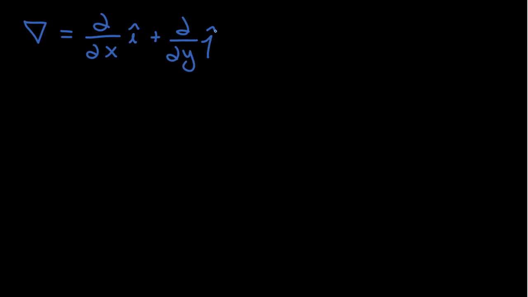And really, up until this point, you haven't dealt much with operators and the whole language and the use of operators. But what this does is, when it's applied to a function, it's going to take the partial with respect to x, take that part of the function and put an I on it, and then the partial with respect to y and put a j on it. So what this does is it turns a function into a vector. So here's what's going to happen. We're going to take this little thing here and connect it to this function.